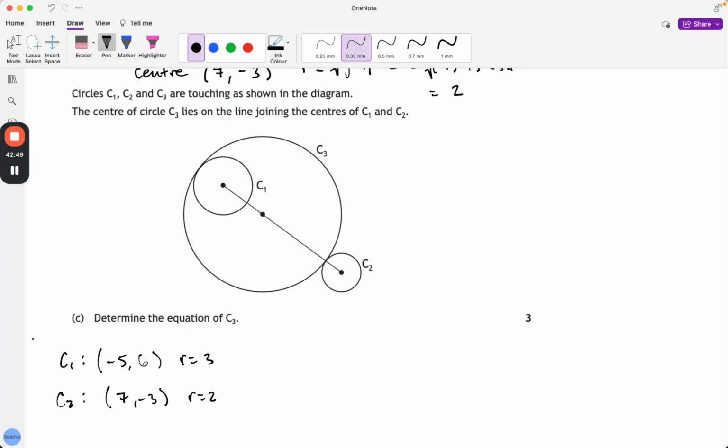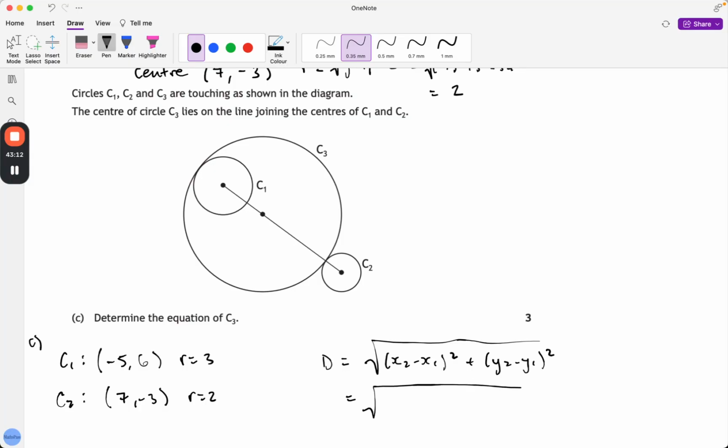This is just for part C, obviously, but we'll start there by doing our distance formula, which gives us the square root of the difference in your x's all squared plus the difference in your y's all squared. So if we do the difference in our x's, it's going to be 7 minus minus 5.